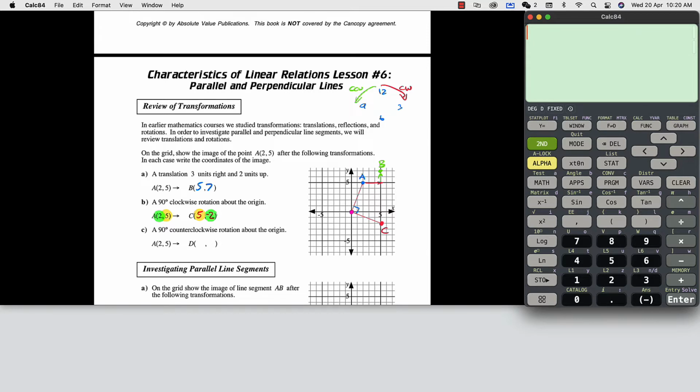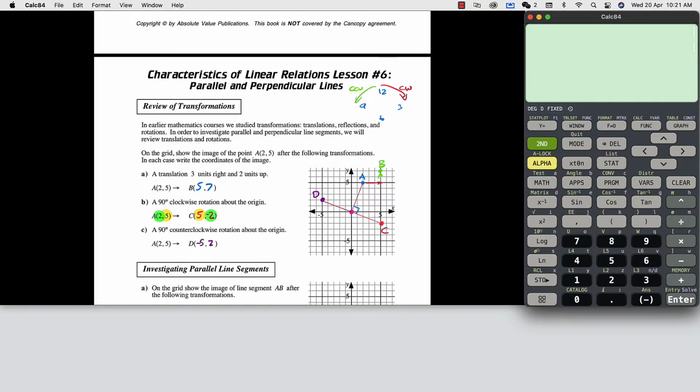So if I was to rotate that 90 degrees, again, we're going to want to take our original line, the original line that's straight up between the origin and point A, and we're going to want to rotate it from that point all the way down to there, and that's going to form point D, and it's got the coordinates of -5 and 2.